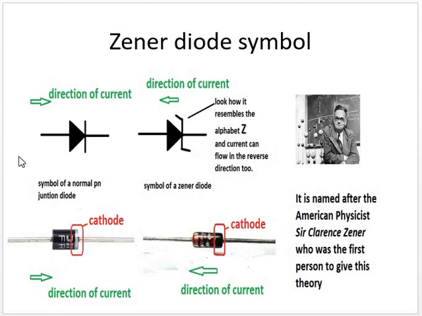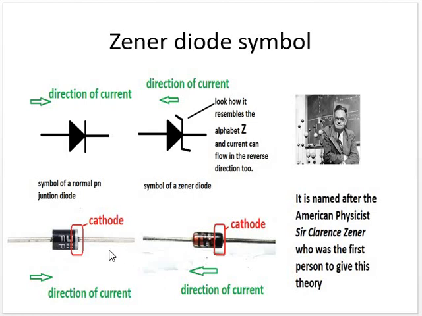A normal PN junction diode allows current in the forward direction only, in the direction of this arrow. But a Zener diode is actually designed to allow the flow of current in the opposite direction, in the reverse direction.